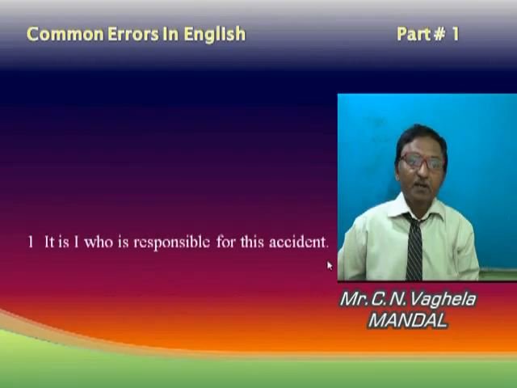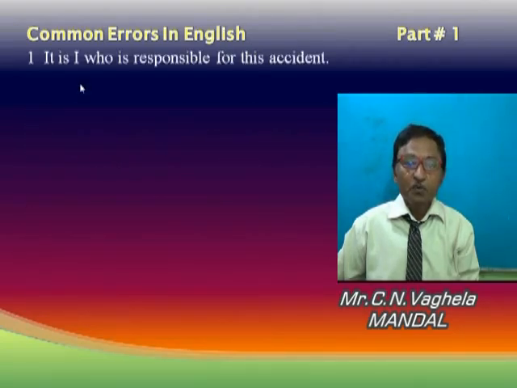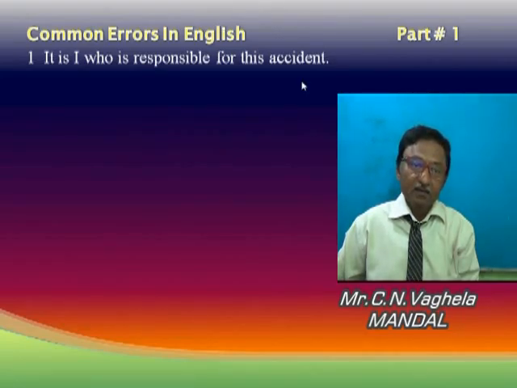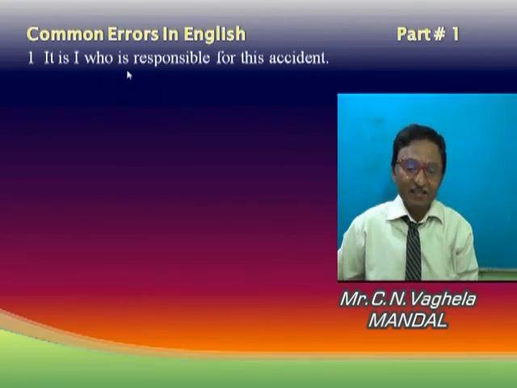First sentence: It is I who is responsible for this accident. We have to find the error. The error is in "it is I who is." That is incorrect.